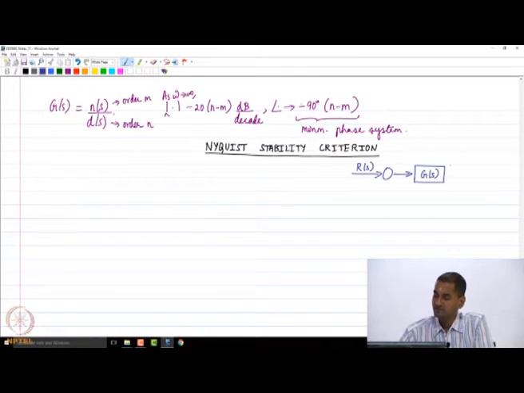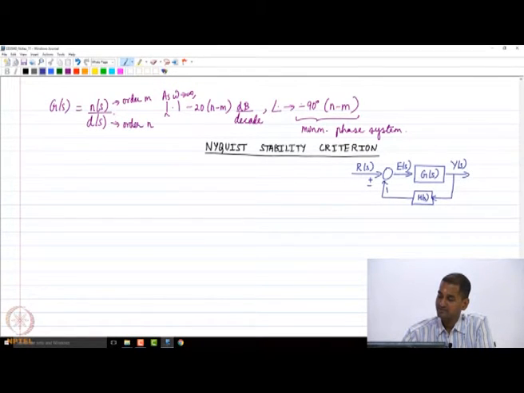This is E of s, and this is Y of s, and the feedback path transfer function is going to be H of s, and this is going to close the loop. Let us say we have negative feedback, let me call the signal as W of s. So, this is the block diagram we have.